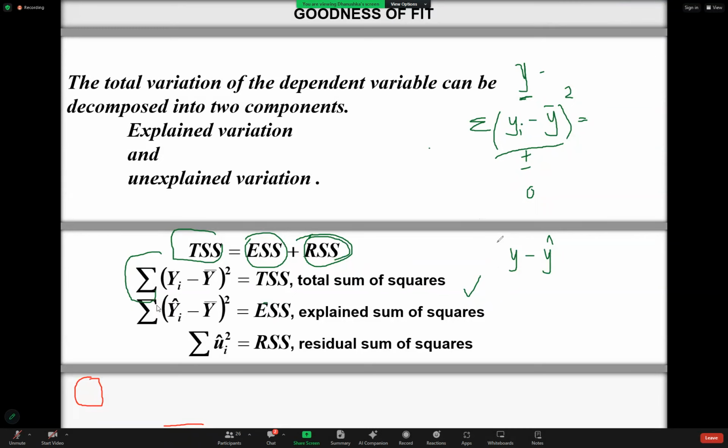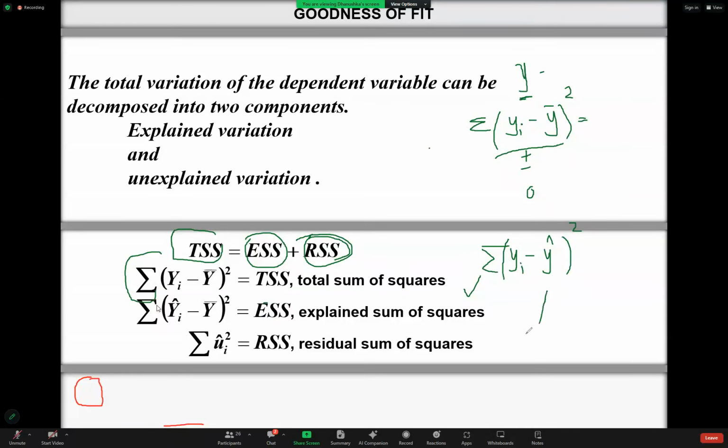Then the residual sum of square means the difference between y and y hat, the square of it, and you get the summation of this.